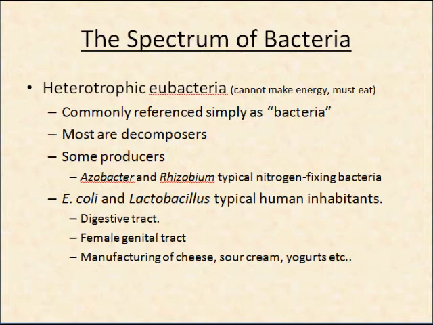Lactobacillus is in the female genital tract and actually blocks out, by having its numbers there, other bacterial and fungal growth. Also, lactobacillus is important in breaking down dairy products, so it is used industrially in the manufacture of cheese, and sour cream, and yogurts, and things like that.